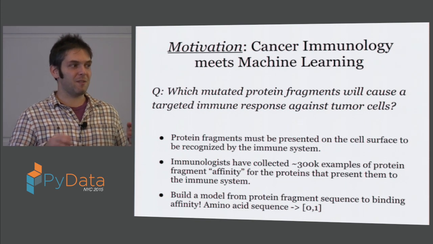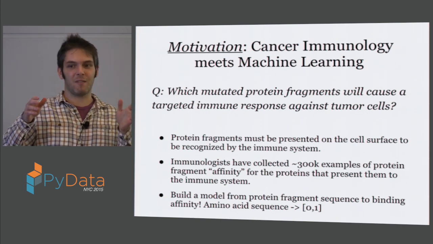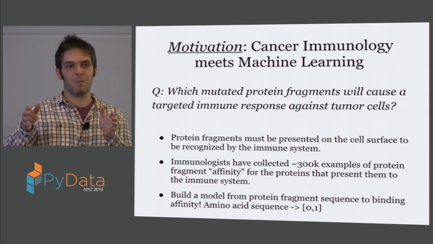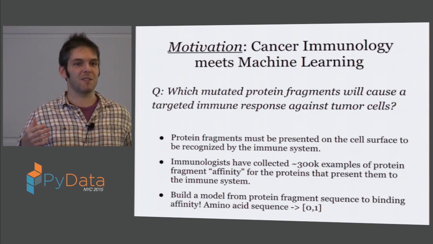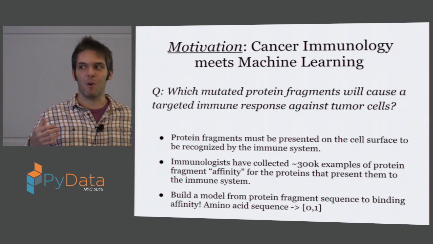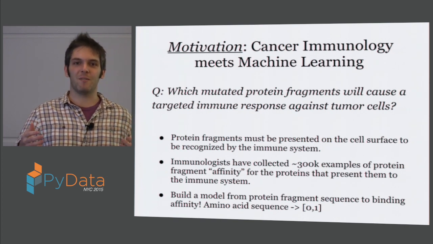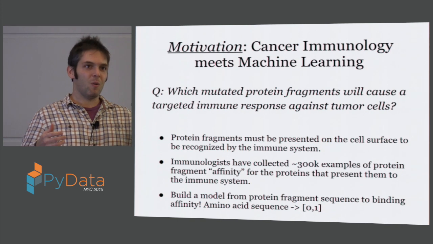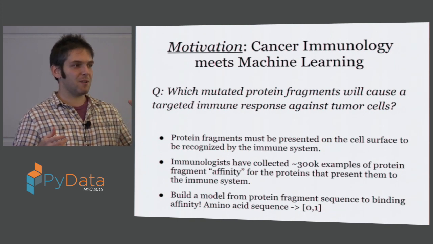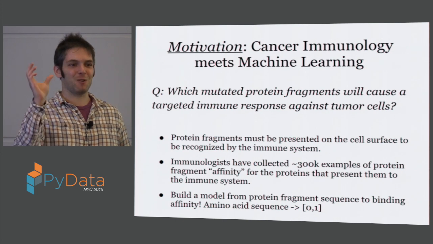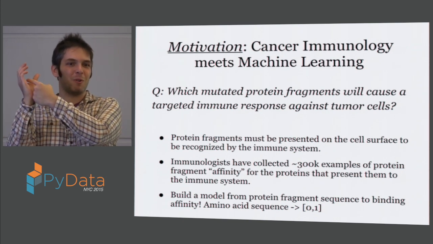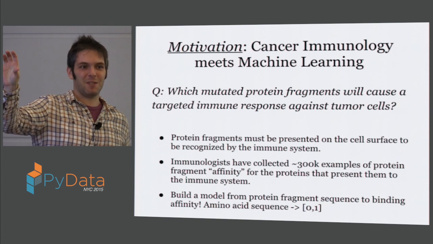Proteins are made out of lots of amino acids, and we're looking at fragments, little short sequences of those amino acids, and we want to predict different properties of those sequences. The most interesting one for us is whether or not one of these protein fragments is going to stick to a thing called an MHC, which looks like a catcher's mitt that holds up a little piece of a protein and sticks it on the surface of a cell.